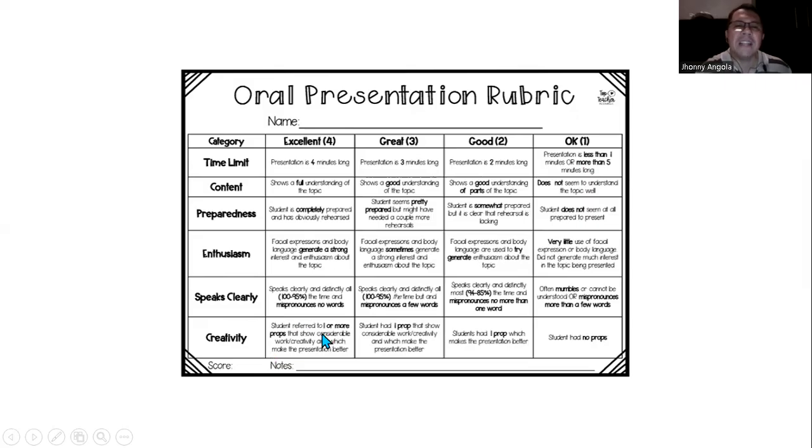And you explain, for example, the characteristics or the profile of the students at an excellent level related with this criterion, right? Speak clearly. For example, speaks clearly and directly 95% of the time, and so on.